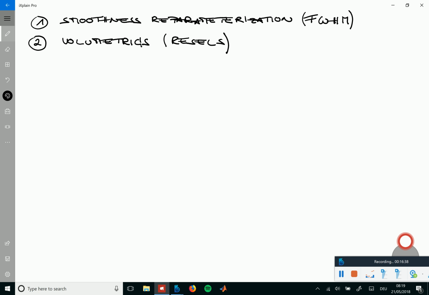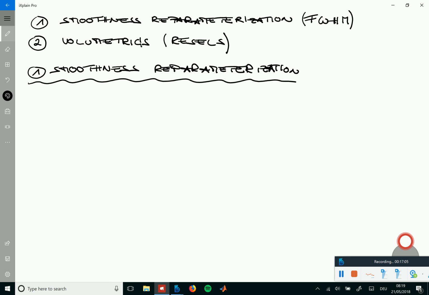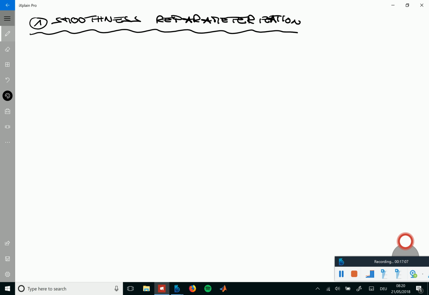Good. So then the first thing is smoothness reparameterization. So let's go. Smoothness, I'll just write it up again. So in principle, as I said, our measure for smoothness is perfectly fine, so we wouldn't have to do anything.